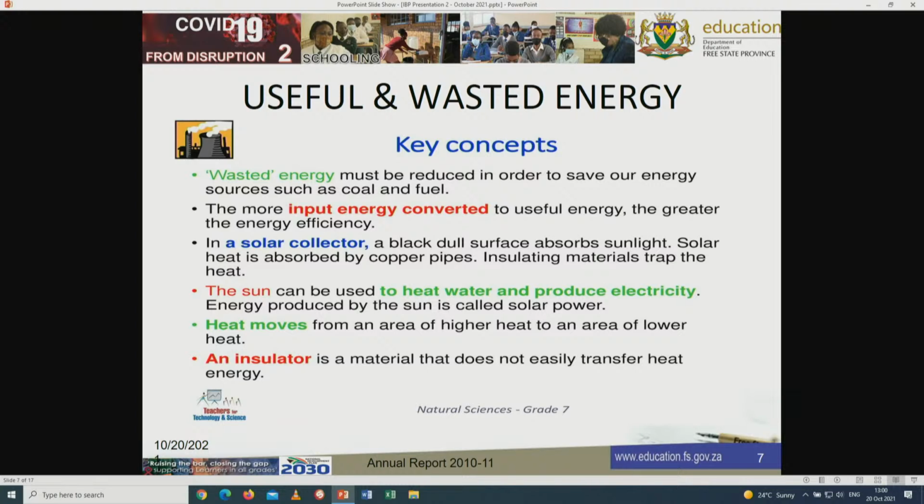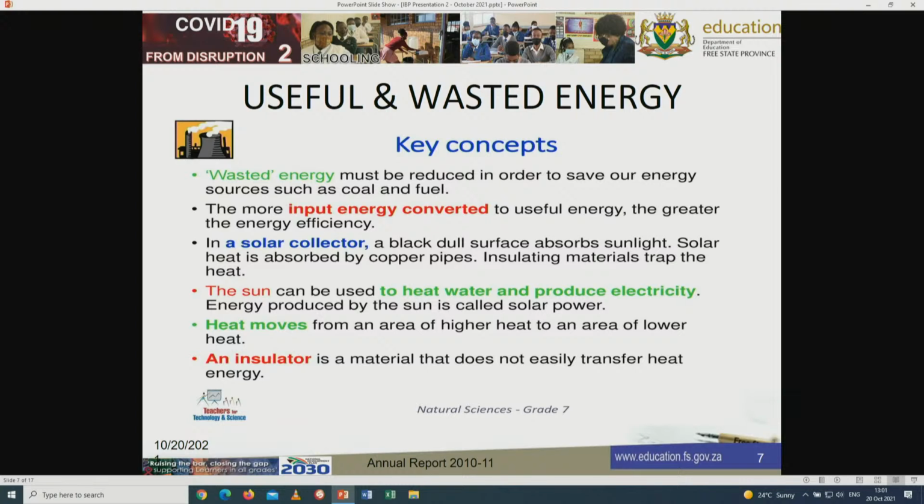Solar heat is absorbed by what? By copper pipes. Insulating materials trap heat and never lose heat easily. Insulating materials, the solar panels, they trap heat from the sun.